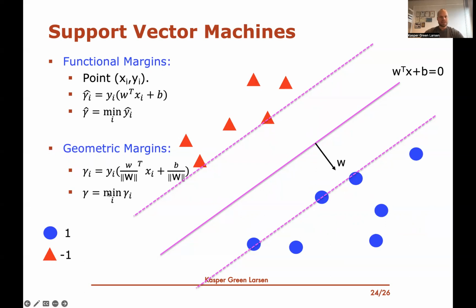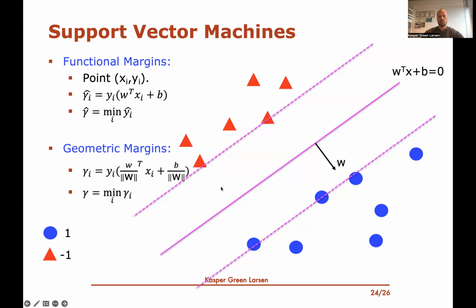So what we're really interested in is having the largest possible geometric margins. In particular, we want the smallest one of them, the minimum over all the training examples, to be large, because that's the final margin. That's the minimum over all these training examples of their signed distance to the hyperplane. You see this point up here has a much higher signed distance to the hyperplane than this one down here.